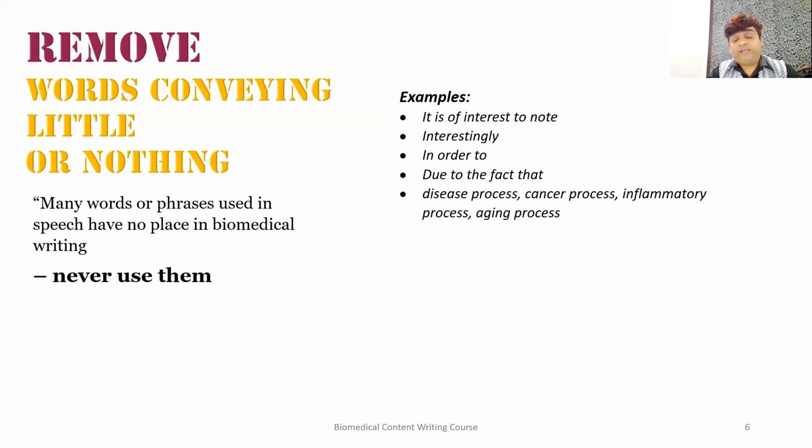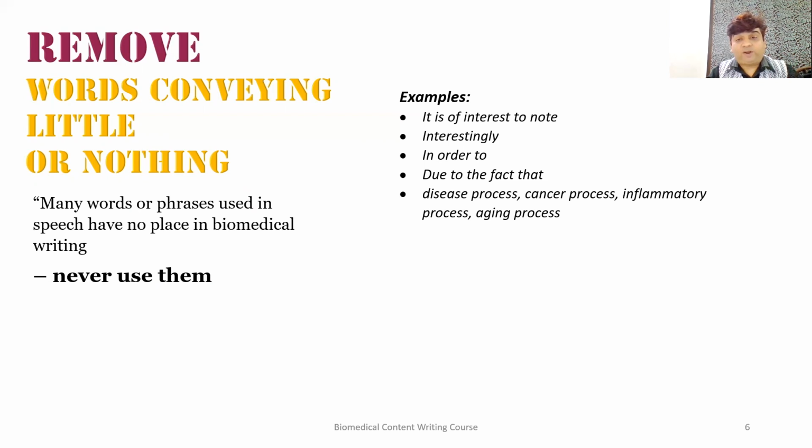Sometimes you write, it is of interest to note that the patient was having so and so problem. It is of interest to note that the following drug has created these side effects. It is interestingly found out by the scientists, or in order to perform this.